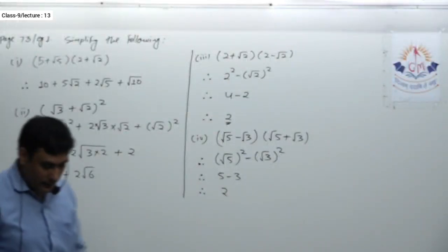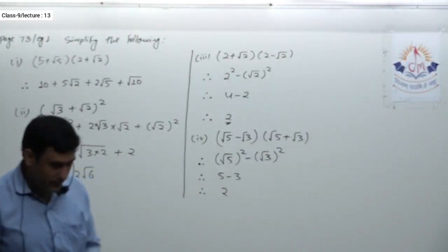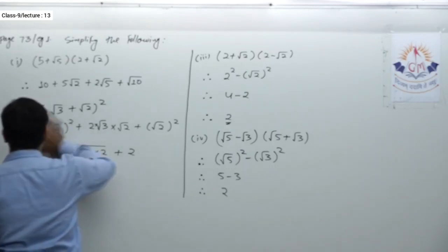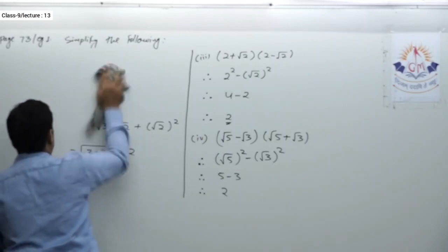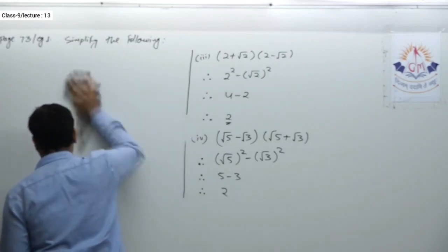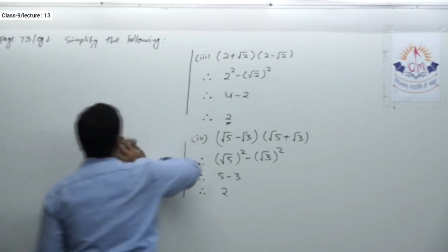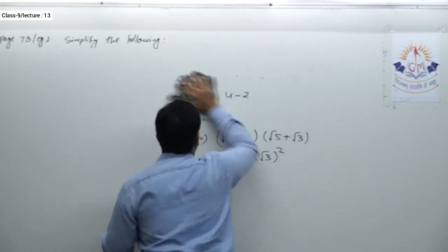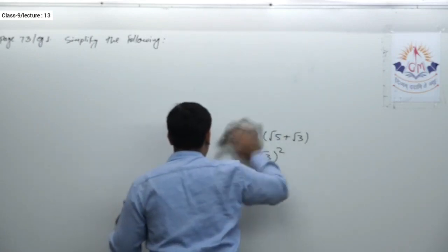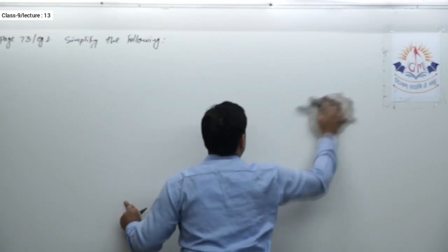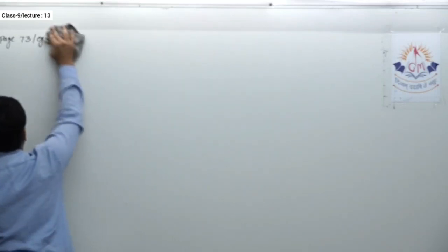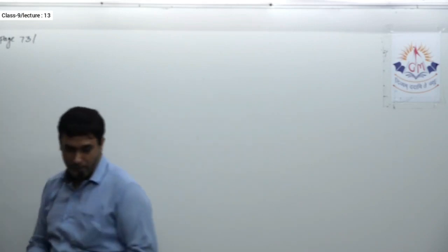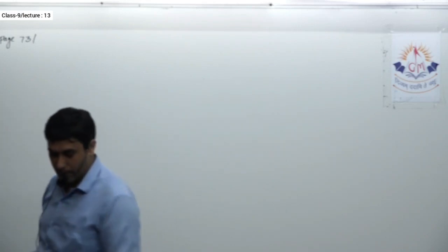Okay, now we'll start questions from exercise 2.3. So page number 73, exercise 2.3.